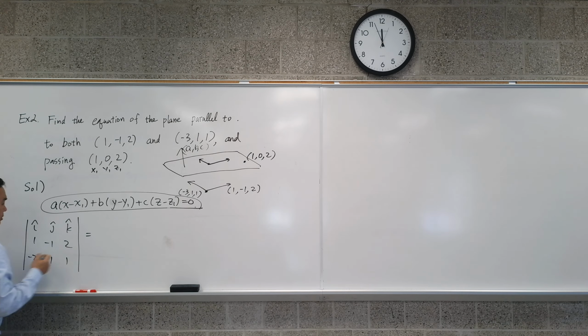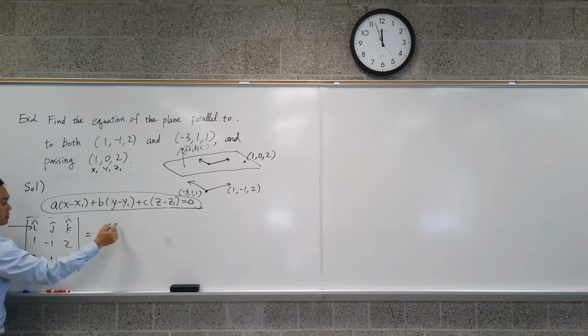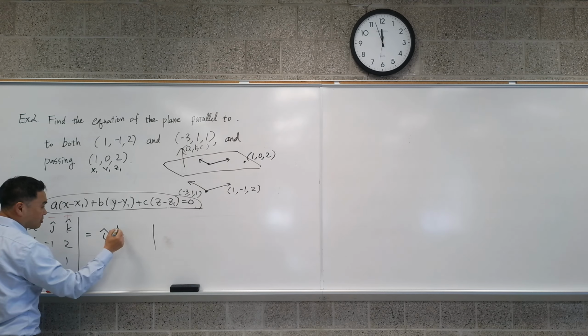Okay, and then you have to do row expansion. So remember the checkerboard of signs is plus, minus, plus. So apply the checkerboard of signs. So it's plus I times, you delete the column and the row containing this element, which will give you this as your minor matrix.